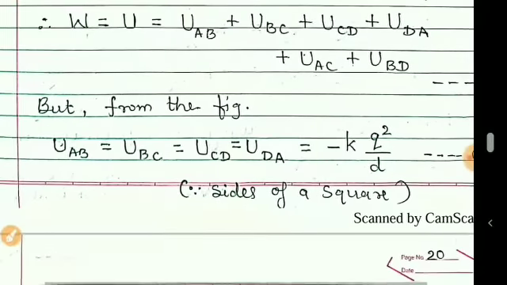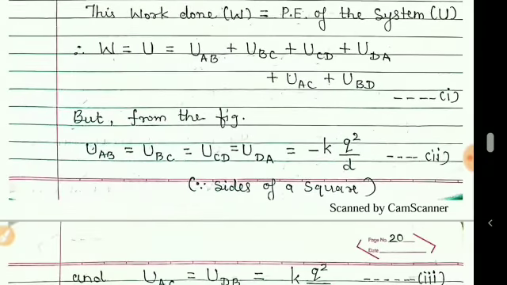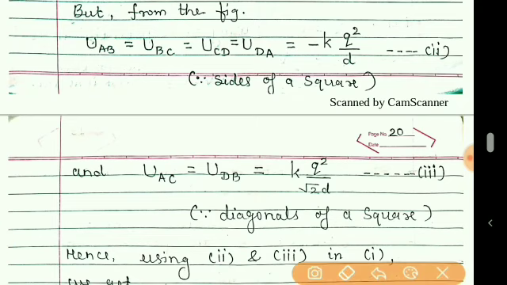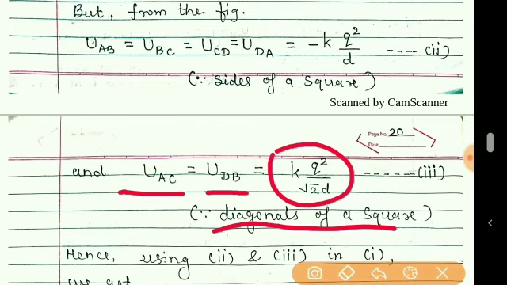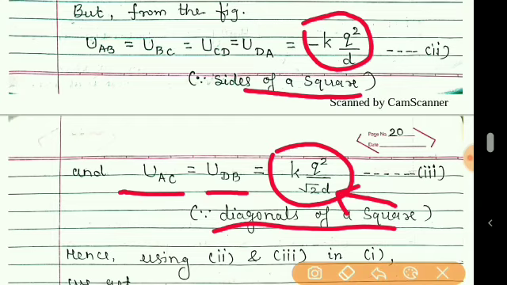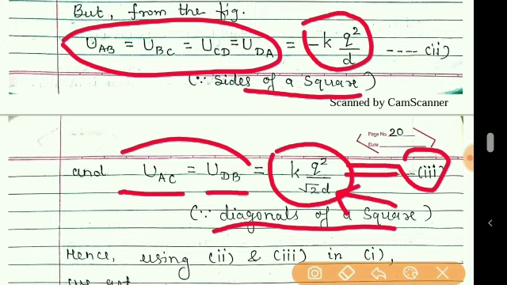So here I have written the potential energy for the diagonals of a square. UAC is equal to UDB, that is equal to K Q square upon distance root 2 D. This was for the sides. Now let us give this equation number 3. Now all these 6 possible pairs are obtained.